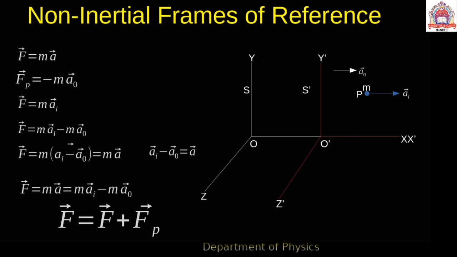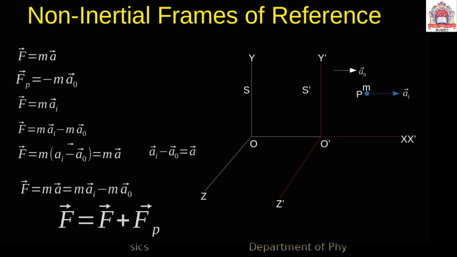So these are the inertial and non-inertial frames of reference. In simple language, when a body is accelerated in a frame of reference, the frame of reference is called a non-inertial frame of reference, or the laws of inertia are not valid for an accelerated frame of reference.